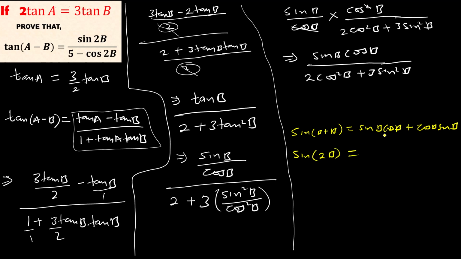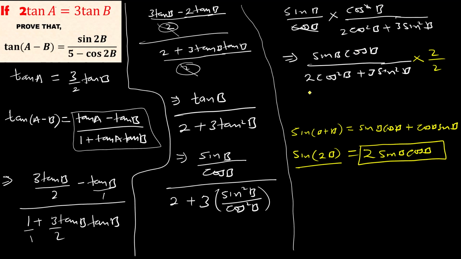It's the same as, multiplication being commutative, sin B cos B plus sin B cos B, so this side will be 2 sin B cos B. So let's observe this. This side is sin B cos B, so we need to multiply this side by 2 in order to get sin 2B. So we will adjust this by multiplying both numerator and denominator by 2 in order to get sin 2B here.